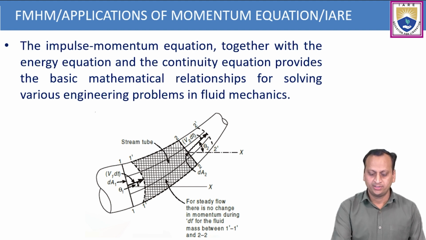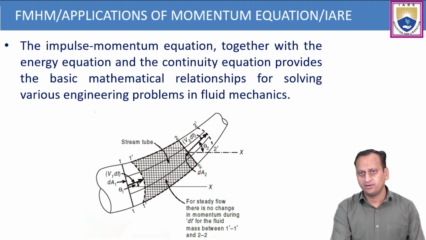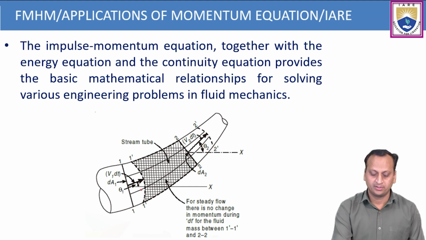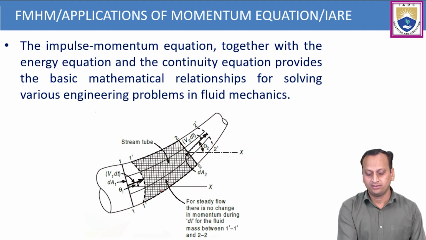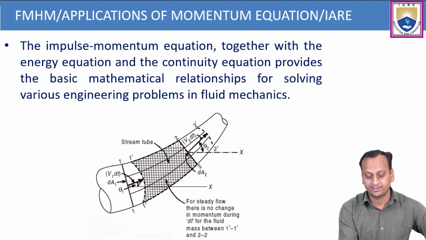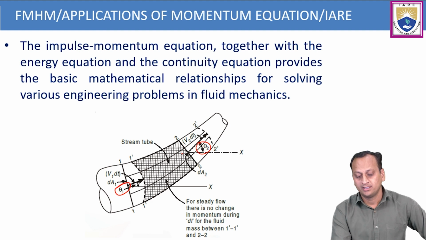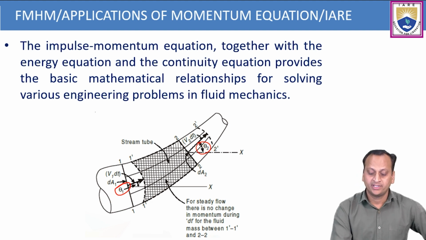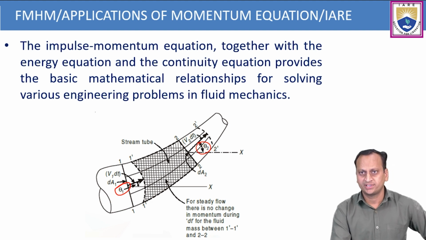Similar to this fluid flow, here two different sections are considered in a pipe of varying cross-section diameter. At section 1, the velocity is v1, the area is A1, and the angle of flow about the x-axis is theta 1. Similarly, theta 2 is the angle at section 2, where the velocity, pressure and various forces are acting.